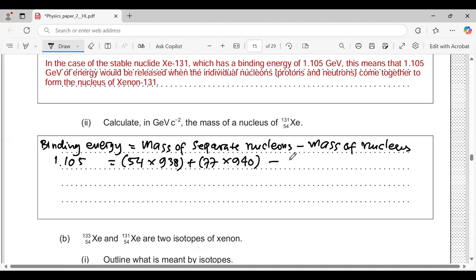Minus the mass of nucleus, which is mc squared.